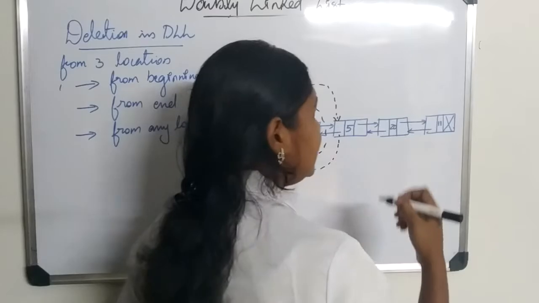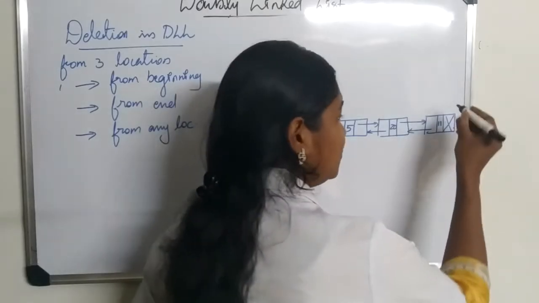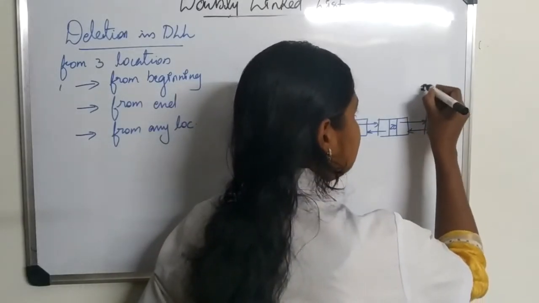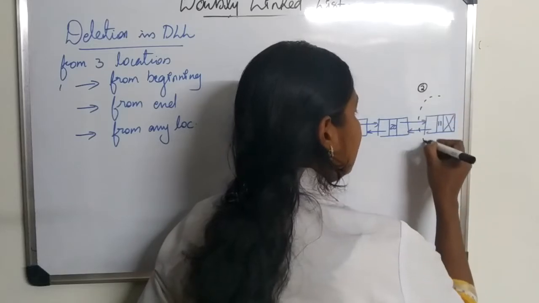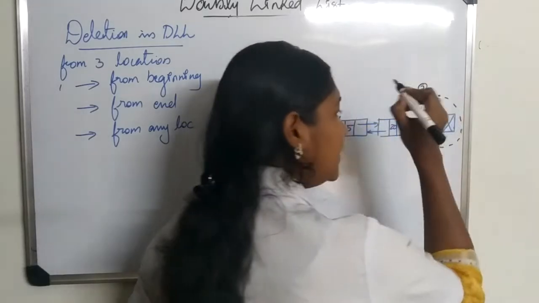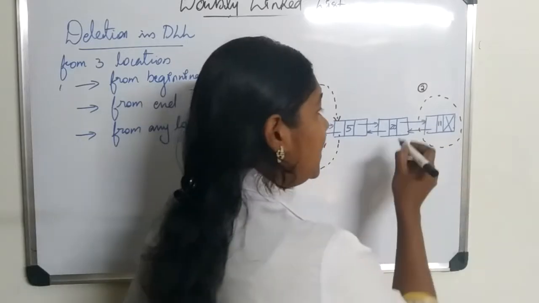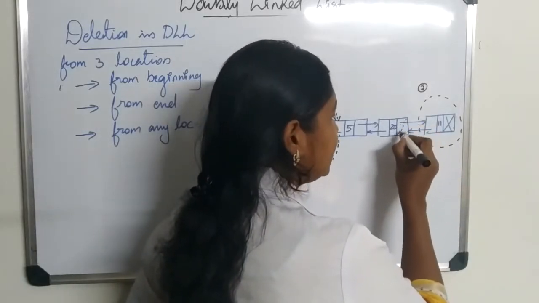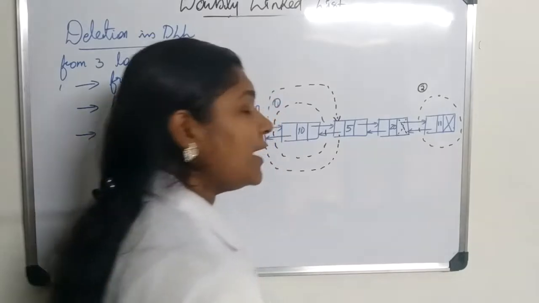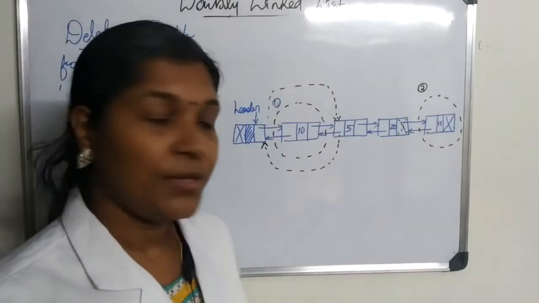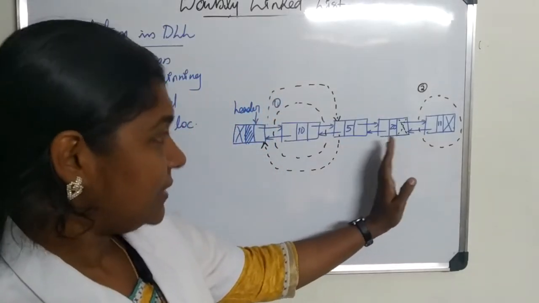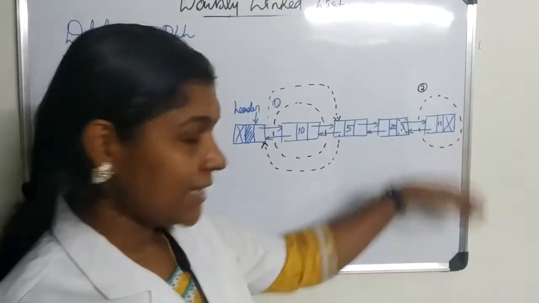Then next is deletion of the last node. So this is case 2. In that case, we would be deleting this node. After deleting this node, the only remaining part is that we make the second last node's link part null.